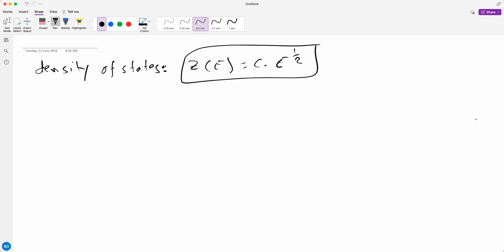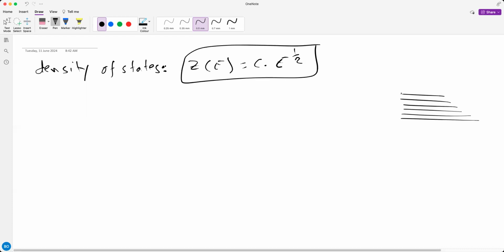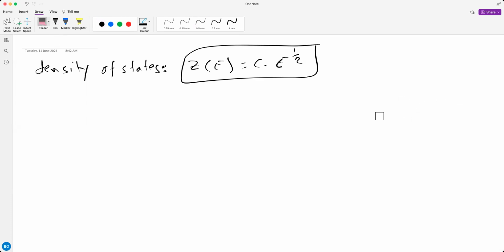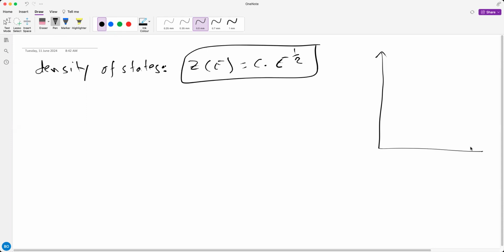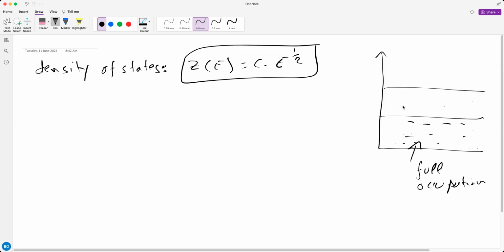Now if I look at the energy levels, for example, let us see what we have discussed yesterday or the day before yesterday about a metal. We have seen that the metal, let's say lithium, for example, has an area which is fully packed, full occupation. And then you have an area which is empty.